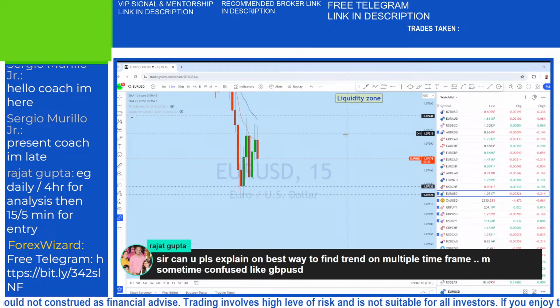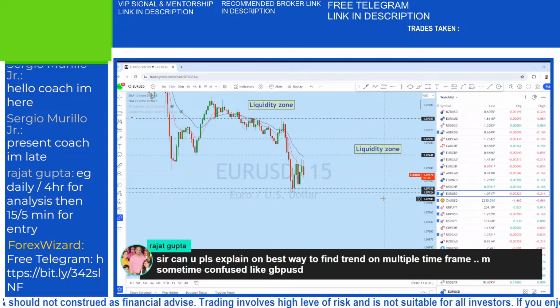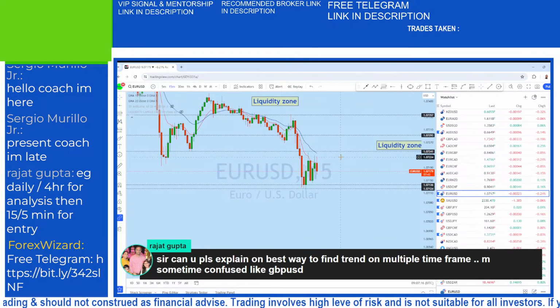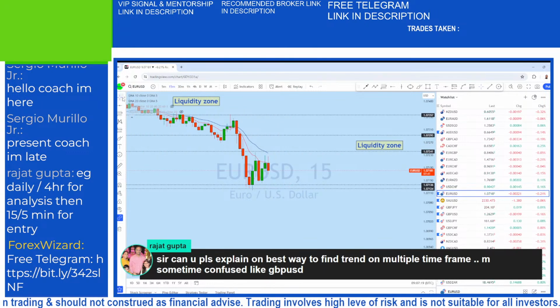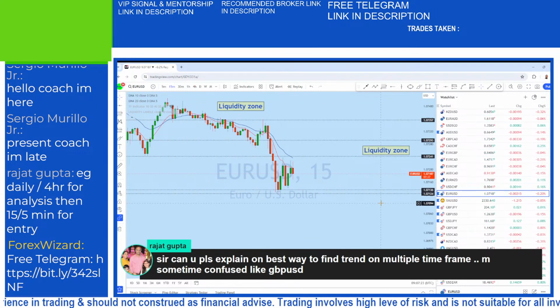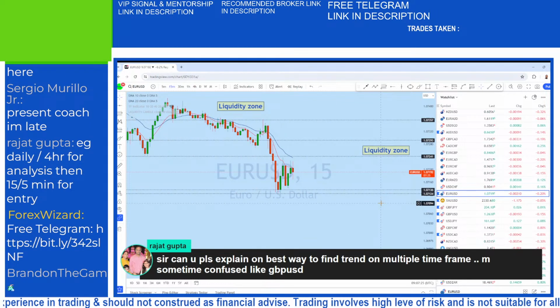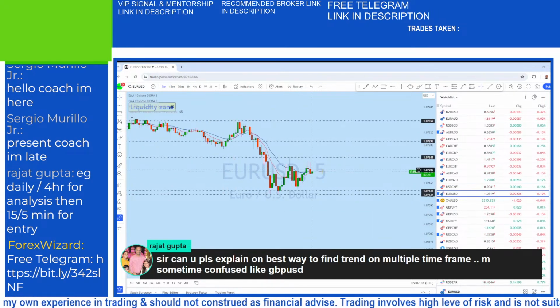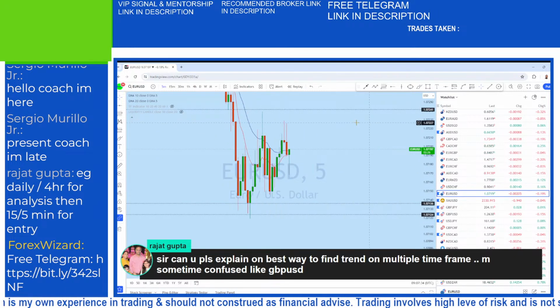Okay, possibility on both sides. Waiting for a bit of a stronger bounce.